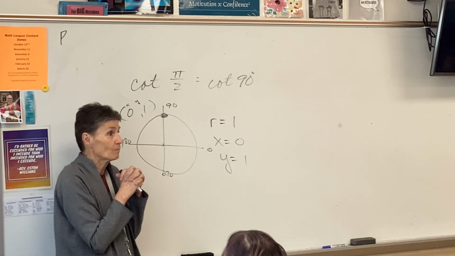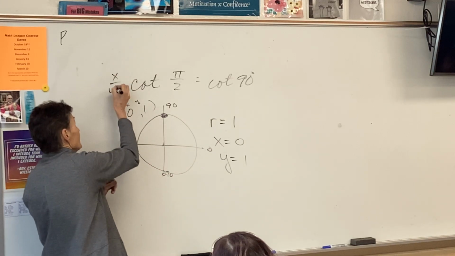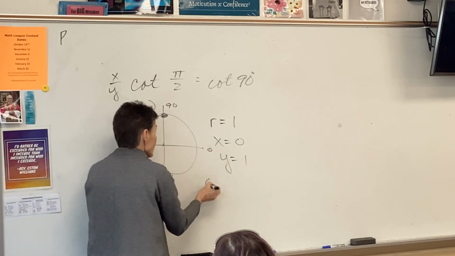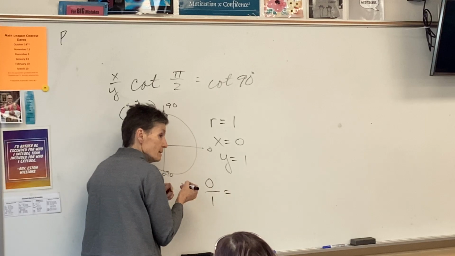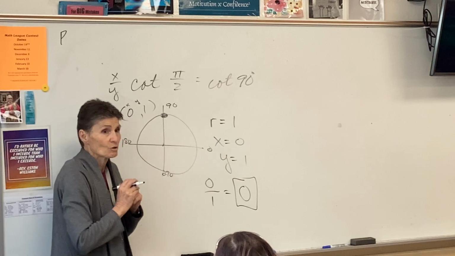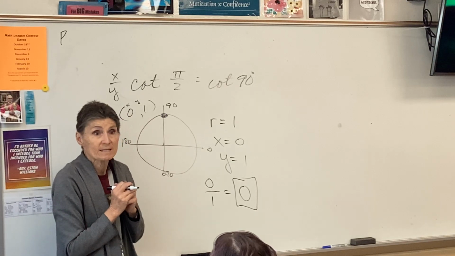Y over x is tangent. So cotangent is x over y. So x over y, 0 over 1 is 0. 0 is what you write in the answer blank, because when there's a 0 on top, the answer is 0.